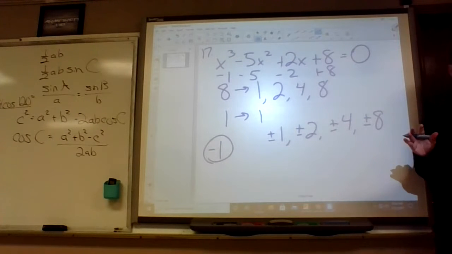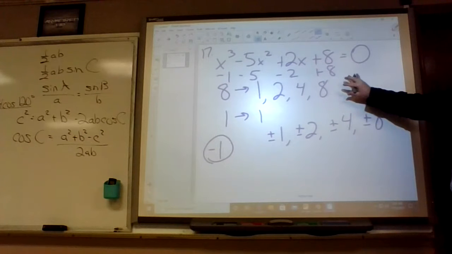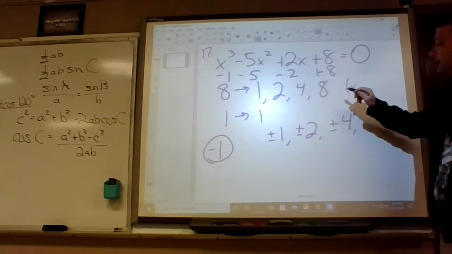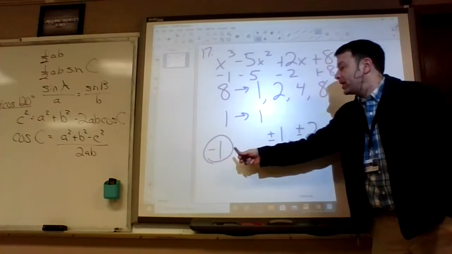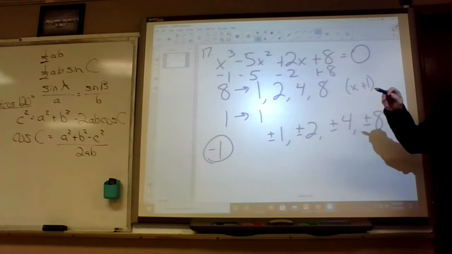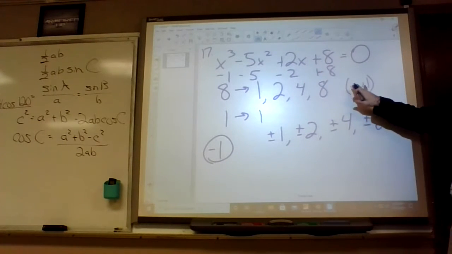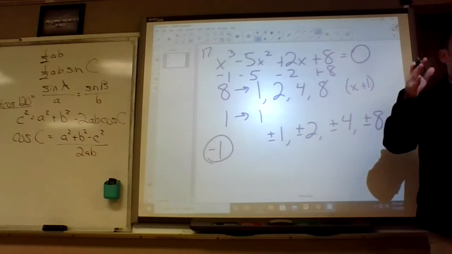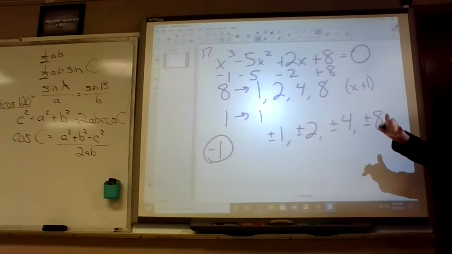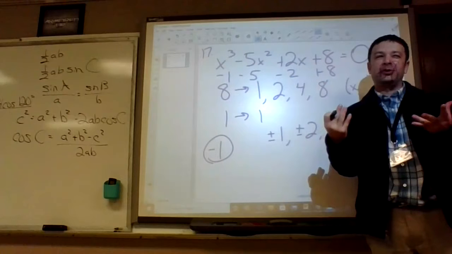But there's a fast forward way. If minus 1 is an answer, then x plus 1 is a factor. Remember those made up factors I put up here earlier? So if we divide this by x plus 1 using synthetic division, we'll be left with a quadratic that contains the last 2 factors, and we can solve the quadratic with the quadratic formula.